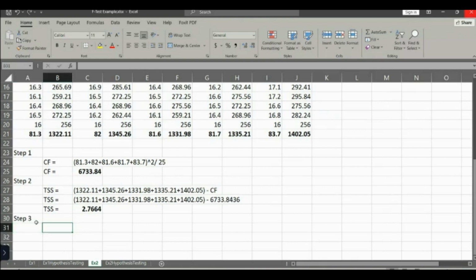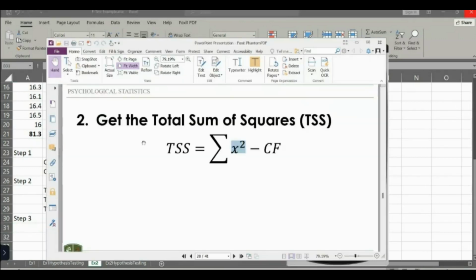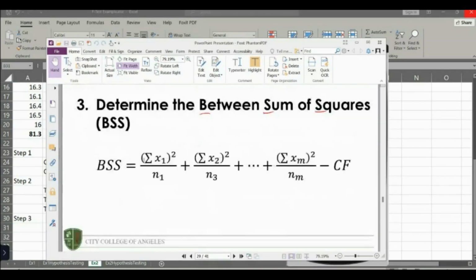Next, step number 3. Determine the between sum of squares, or BSS. All we have to do here is to square the summation of raw ages divided by how many teenagers were involved in each region.